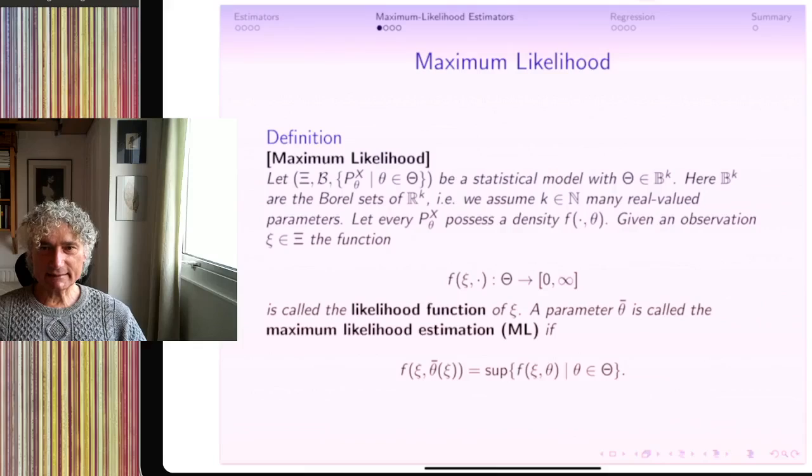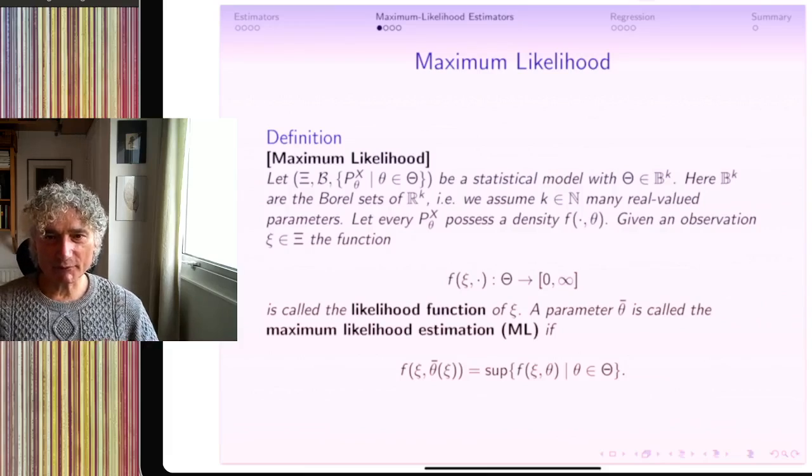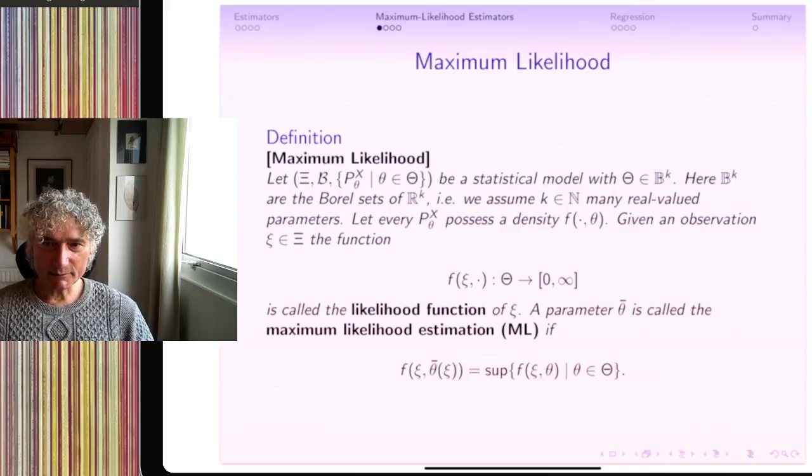So this is a statistical model where we assume we actually have k parameters, so Theta is an element in the Borel sets B^k. Now we assume that every induced distribution P_X,theta possesses a density f.